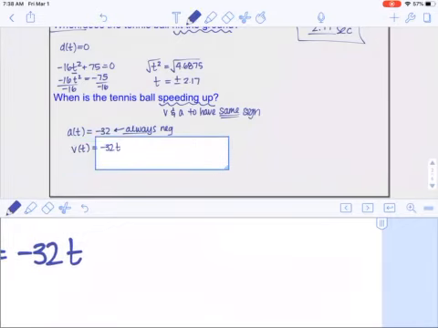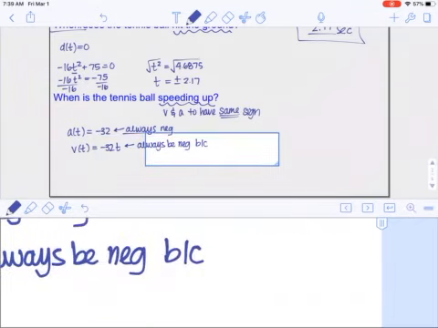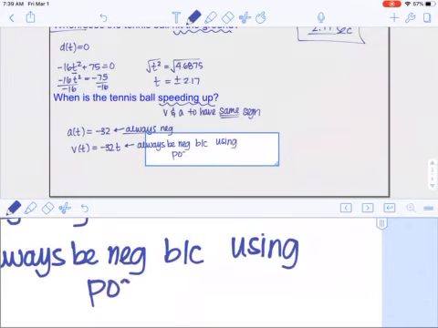Here's my velocity function. What kind of time values am I accepting? I'm accepting time values that are positive because there's no such thing as negative time. So if the t value is positive, then this will always be negative as well, because we are only using positive t values.